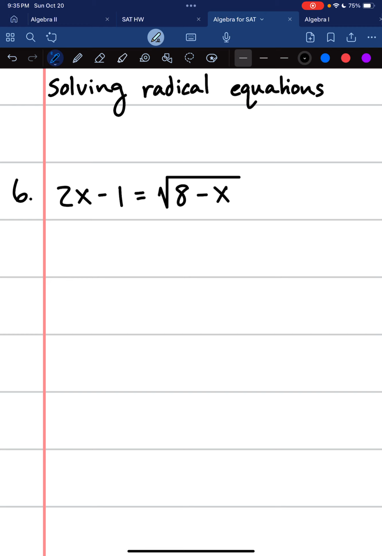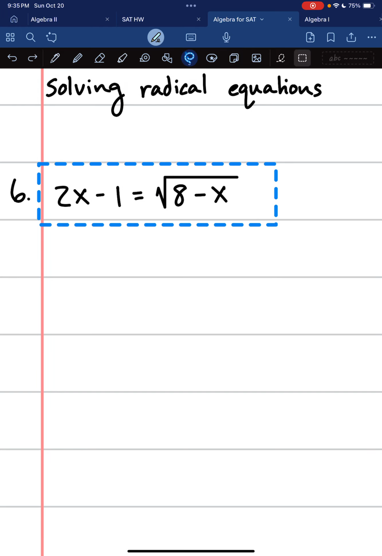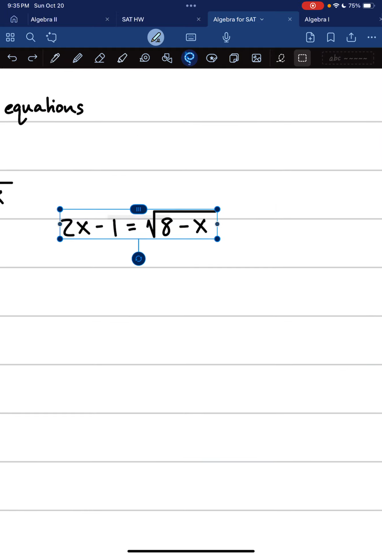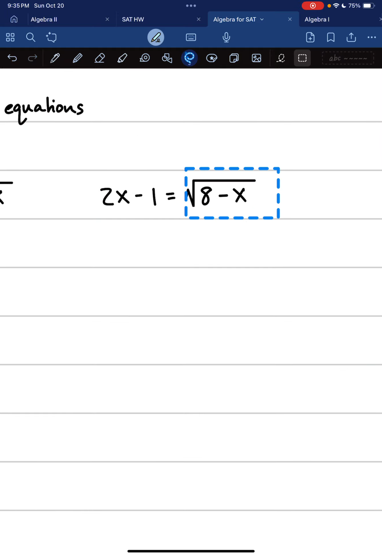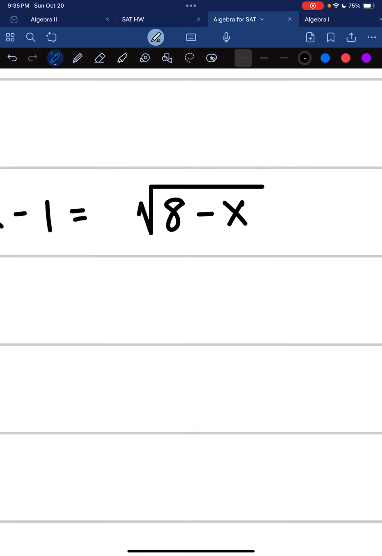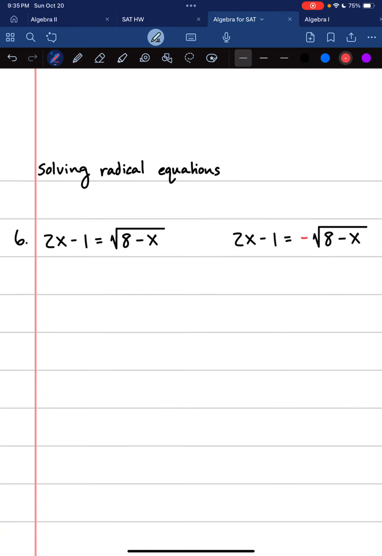So notice how over here on number 6, this is a positive square root, right? What I'm gonna do is set up the same equation, except I'm going to make this square root negative. So instead of 2x minus 1 equals root of 8 minus x, I'm gonna have 2x minus 1 equals negative root of 8 minus x.